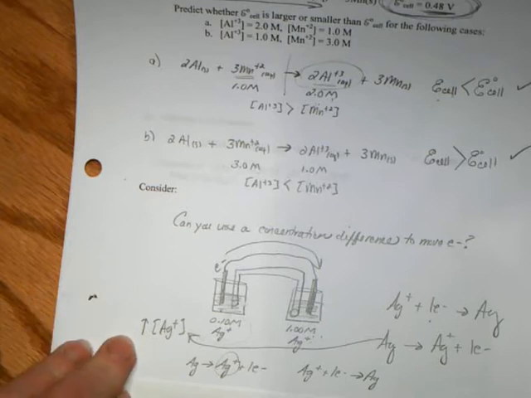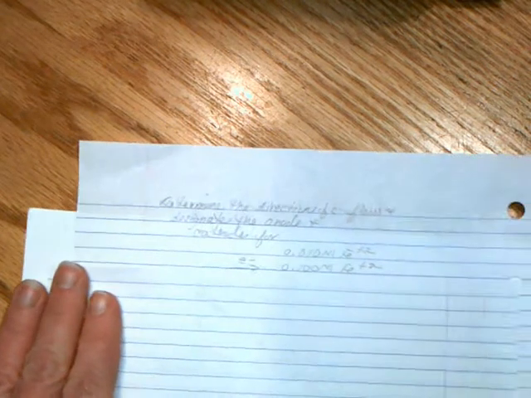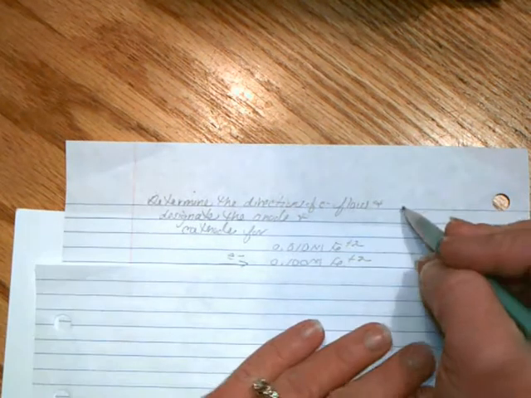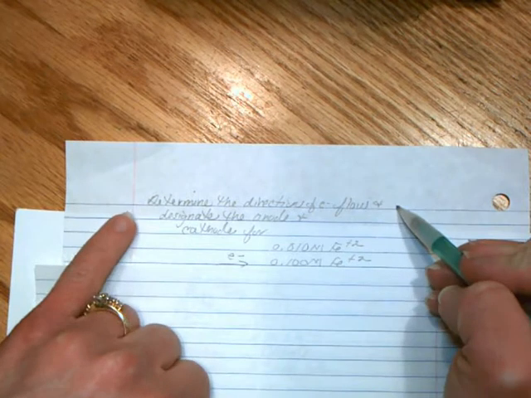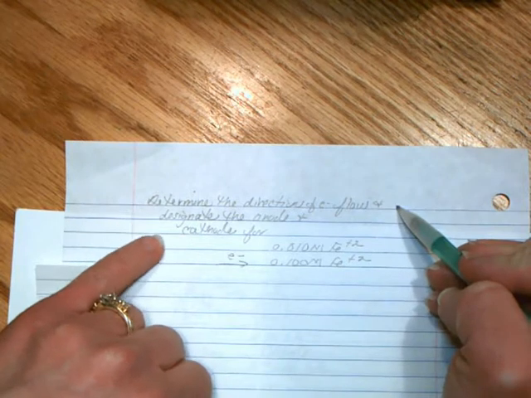The next example that I have for you to look at on that same page is asking you to determine the direction of electron flow. Oops, I'm not doing a good job with my directional notes. Very sorry. Determine the direction of electron flow and designate the anode and the cathode.